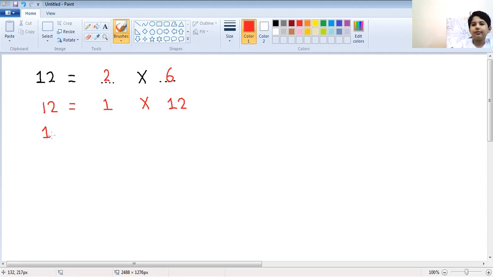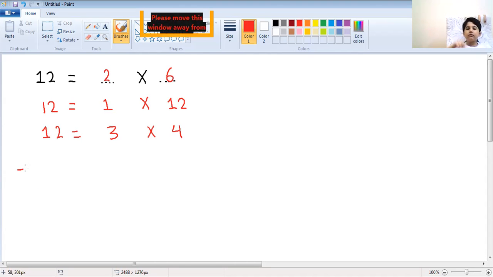Again, if I want to find other factors, can I do it like 3 times 4? 3 times 4 is 12. Yes. Now I figured out all the factors of 12.